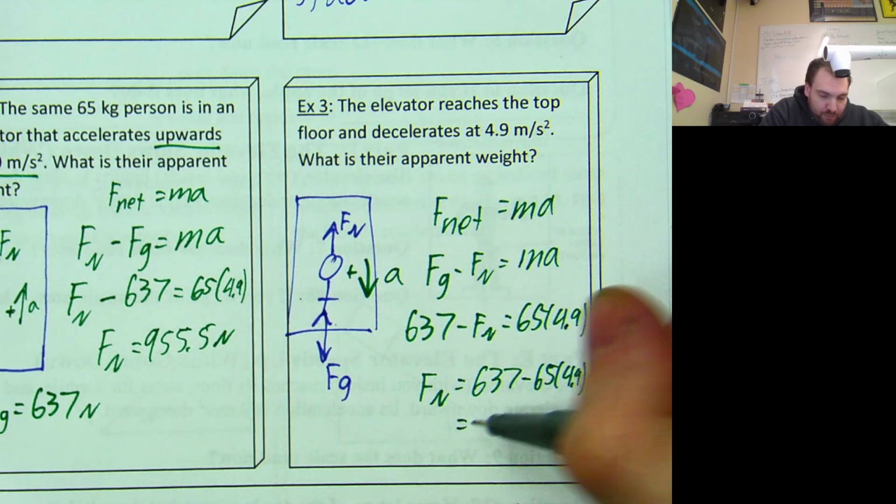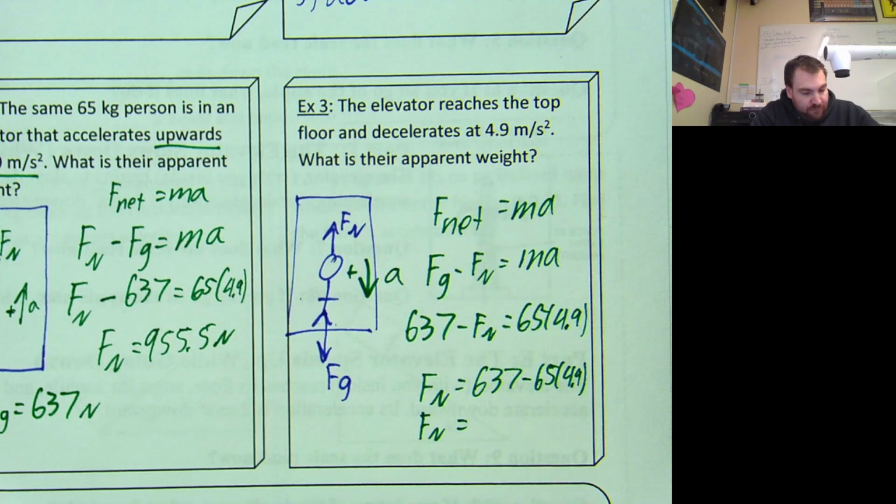What is the person's apparent weight in this case? 320.5? 318.5?